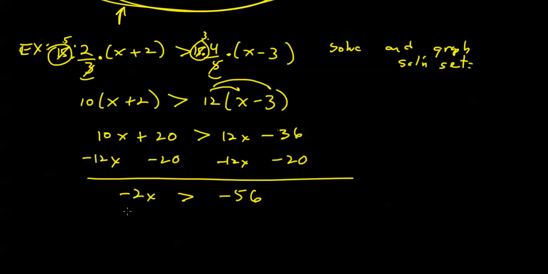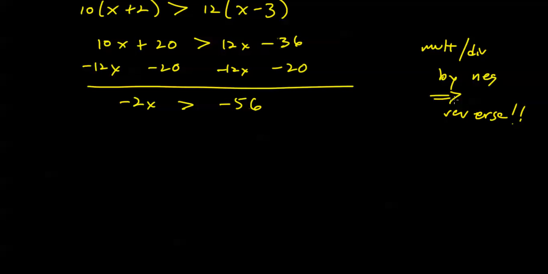Alright, now notice I'm going to divide through by a negative. Again, when you multiply or divide an inequality through by a negative, you must reverse the inequality arrow direction. So let me go ahead and write that explicitly. I'll take minus 2x, minus 56.